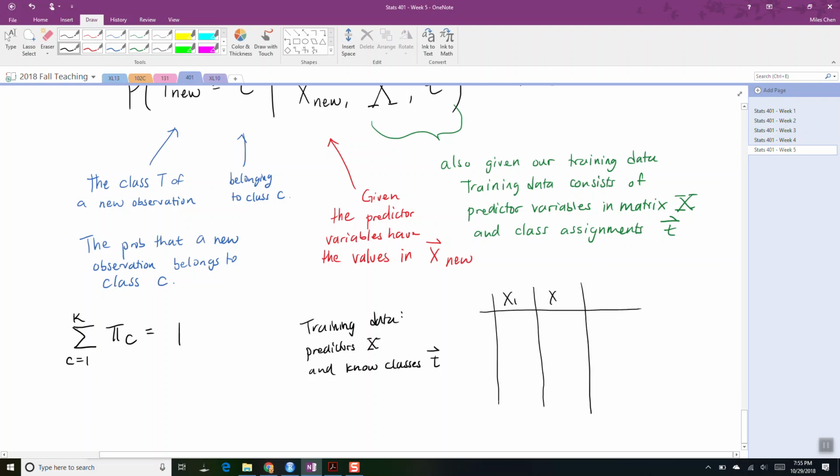You might have x1, x2, x3, and then some vector t.